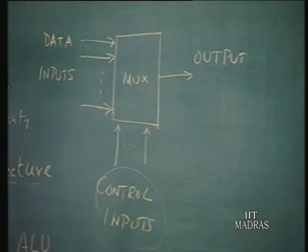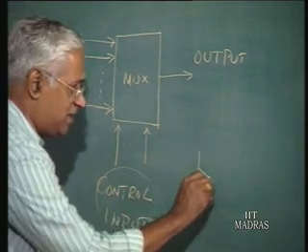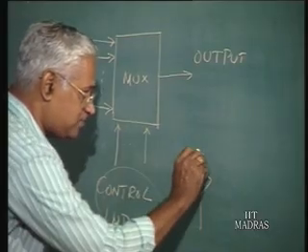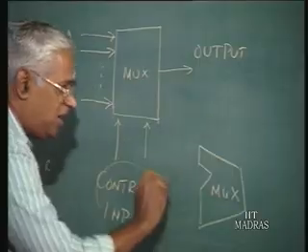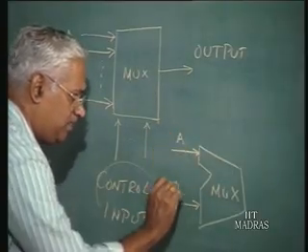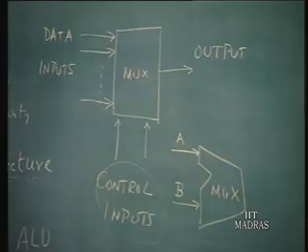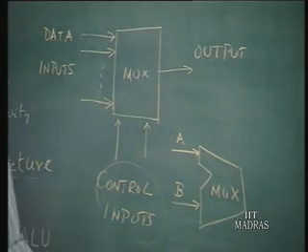For instance, if the multiplexer has two inputs, I will be using a diagrammatic representation like this, which is a mux. It has two inputs called A and B. Sometimes we refer to this as the A leg of the multiplexer and the B leg of the multiplexer.